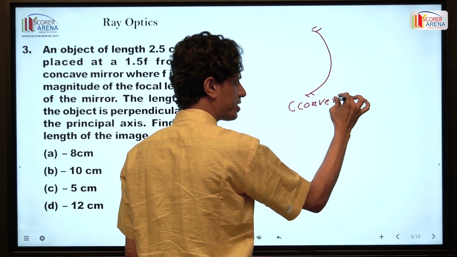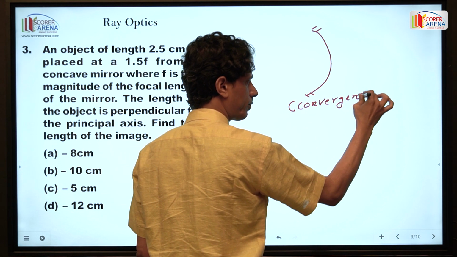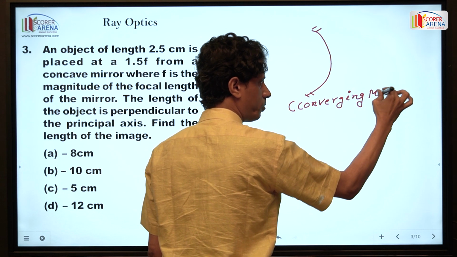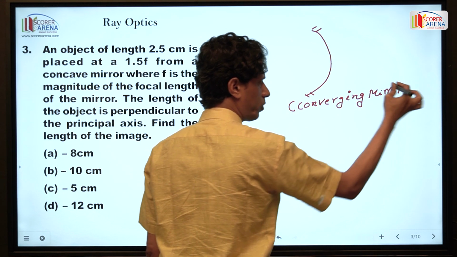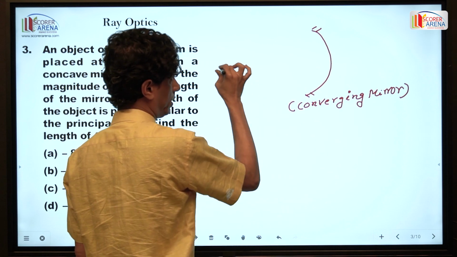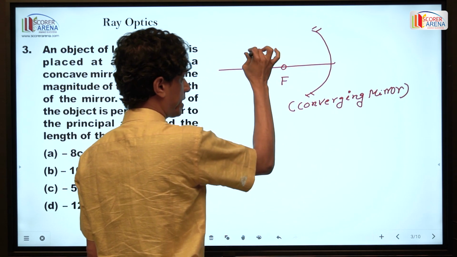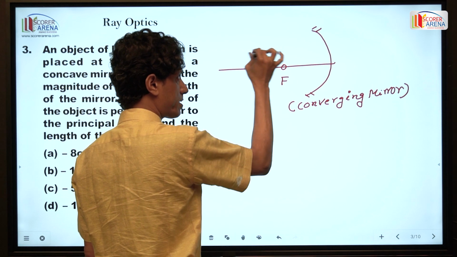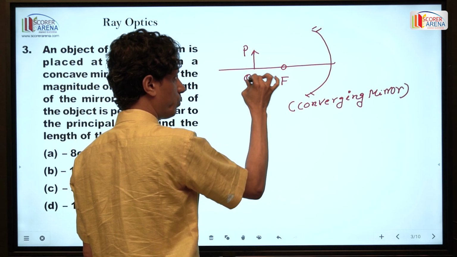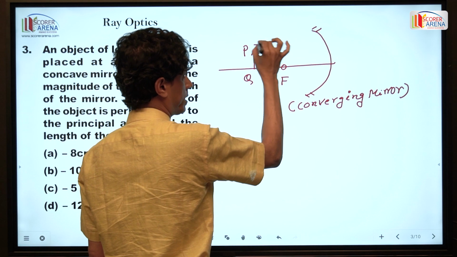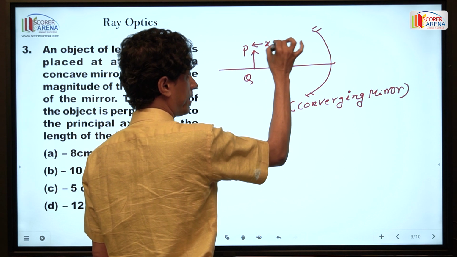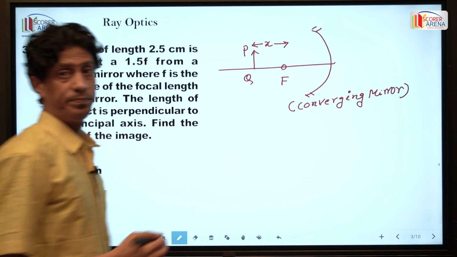This is converging mirror. An object is placed at a distance. This is PQ. And distance from the focus is, let us say it is x.